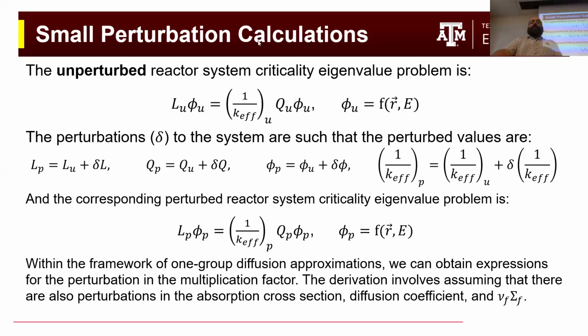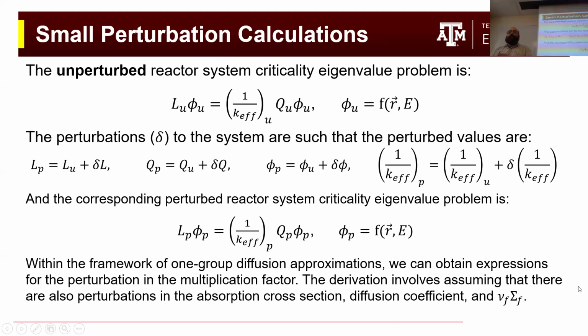The loss operators and the gain operators can also be expressed in a perturbation form, where the perturbed loss operator is my initial loss operator plus whatever change to the loss operator I have because of the perturbation. This is saying a similar thing with the gain operator. So we can write the unperturbed system like this, and we can write the perturbed system like this with subscripts P.